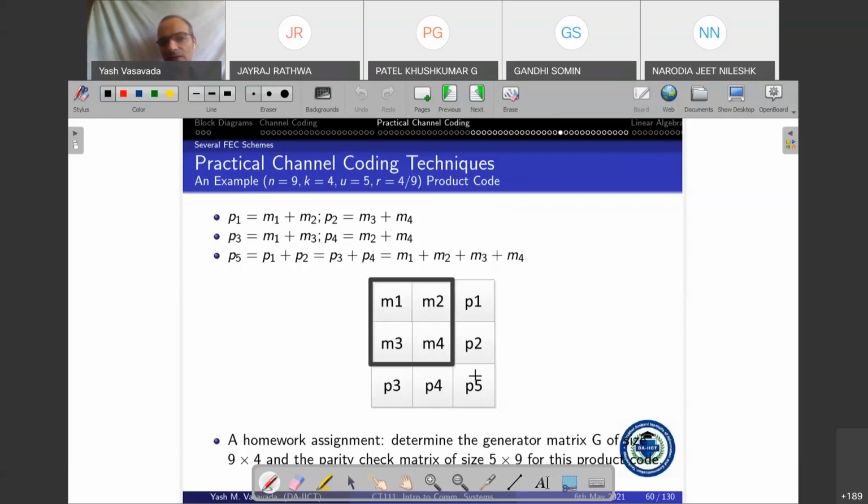And then finally, to complete the outer square, we put P5, which is the parity on the parity. We have already calculated the parities P1 and P2, and P3 and P4. P5 is going to be the XOR of P1 and P2, or it will be the same as the XOR of P3 and P4.